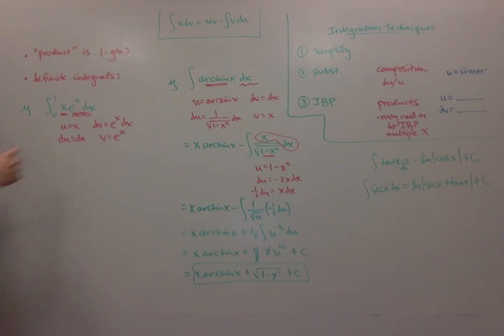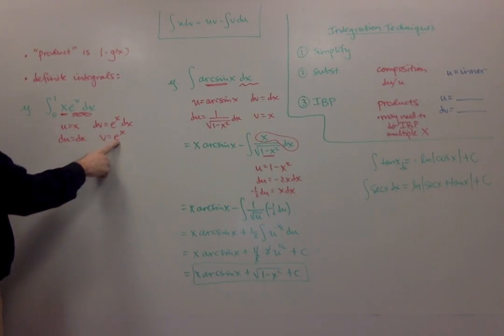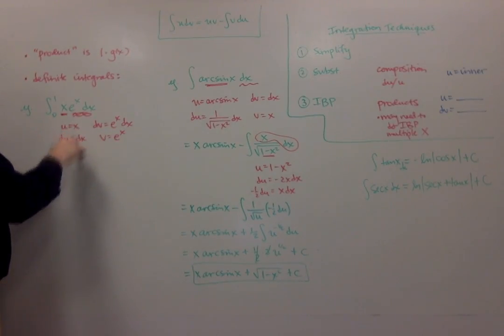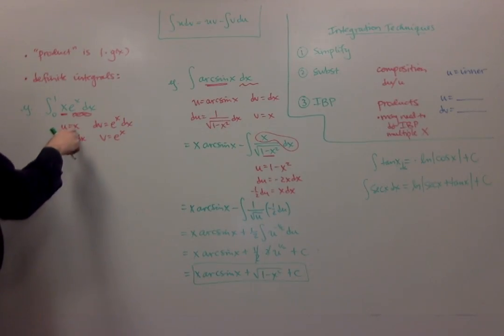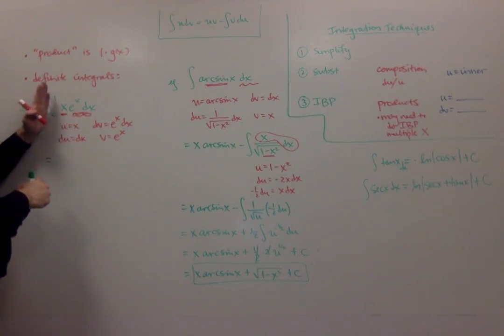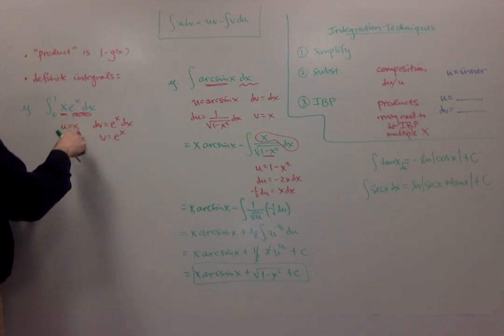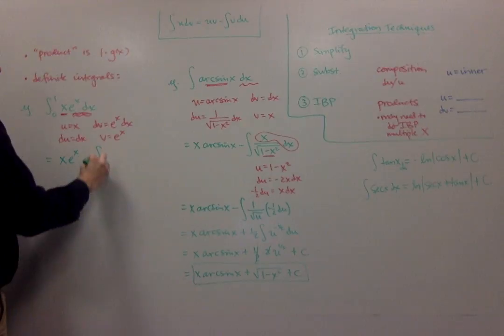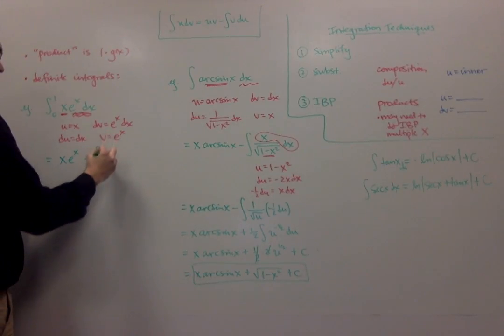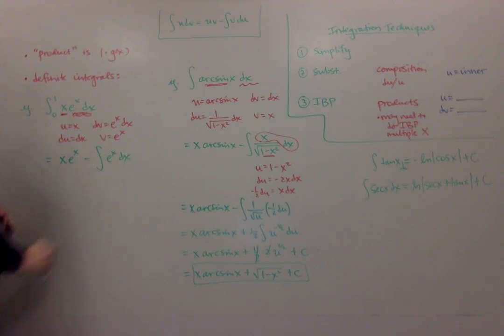Right, we did that because working with the antiderivative of e to the x is fine, but differentiating x makes it nicer. So my answer, if there were no 0 and 1 here, would be u times v minus the integral of v du. Okay, that would be if there was no 0 and 1 there.